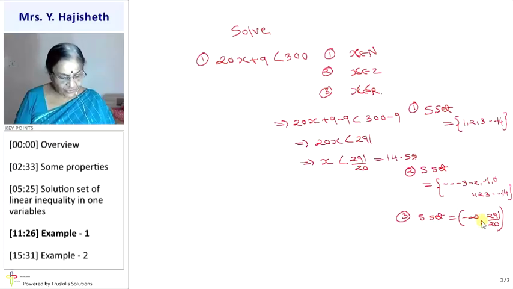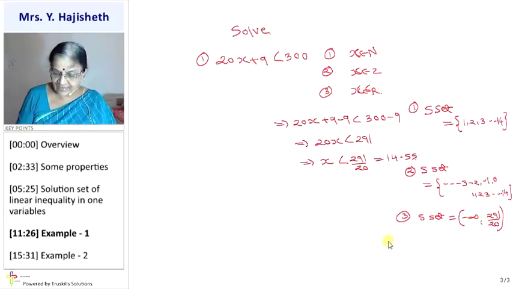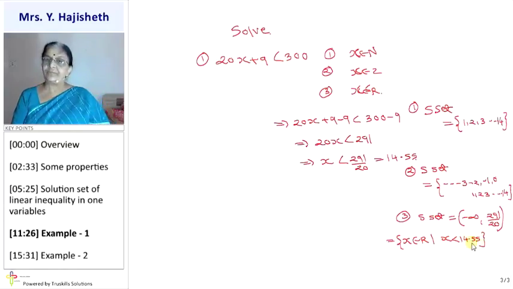If x belongs to R, then it's the open interval minus infinity to 291 by 20. That means I can also write it as the set of all x belongs to R such that x is less than 14.55. This way also you can write it.